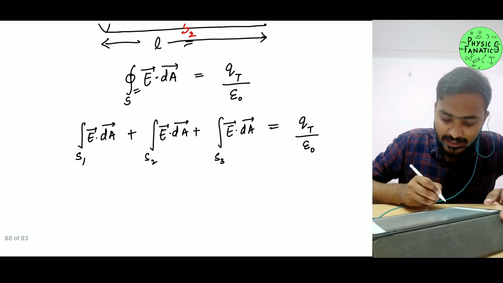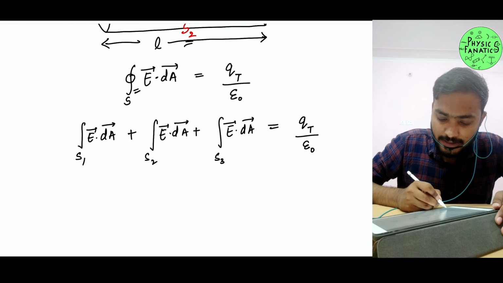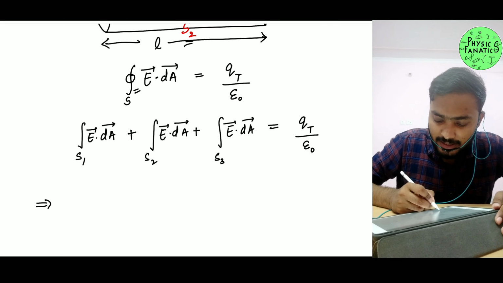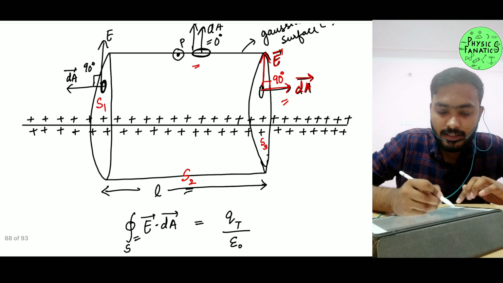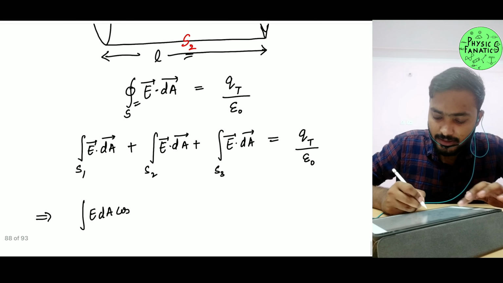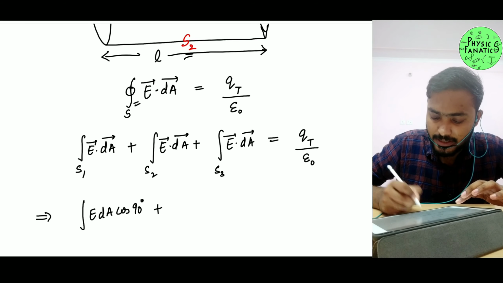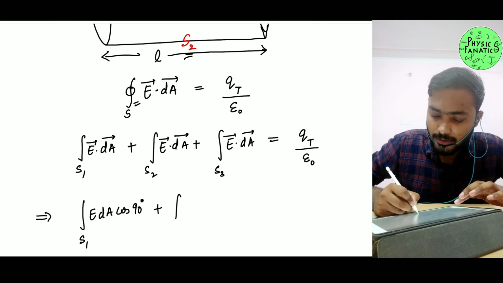So in the first case I can write E dA cos of the angle between them, which is 90 degree, right? Plus, this is S1. Let's talk about S2.